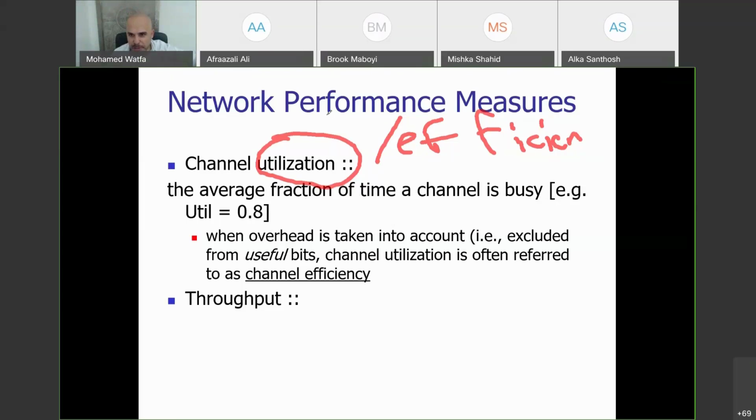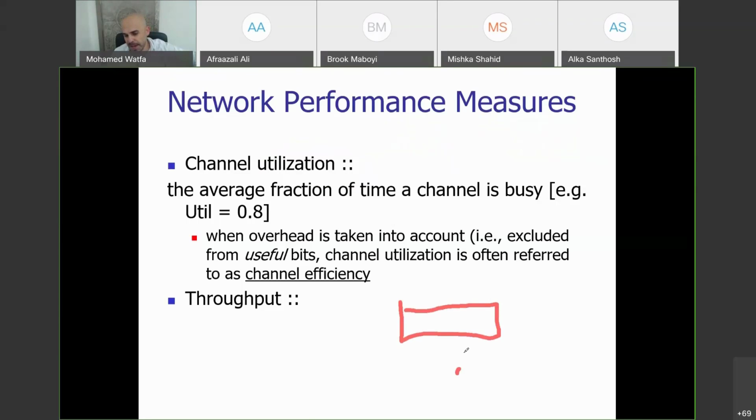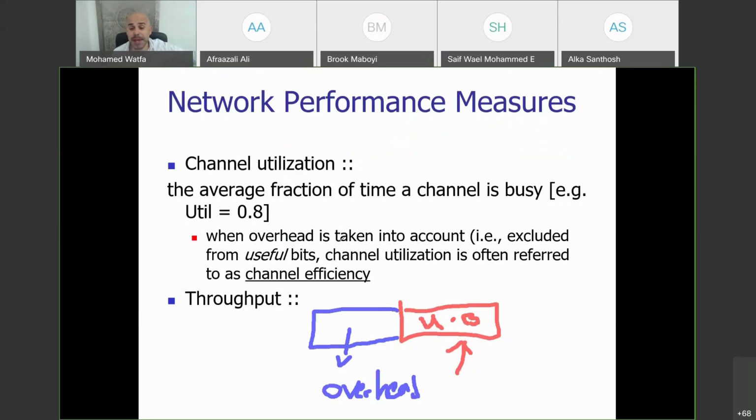So basically, you have to remember, I'm sending information. This is what I'm sending. Okay? This is what we refer to as the useful bits. These are the things I'm sending. Of course, we also have overhead. This is what we refer to as overhead: the extra information that we add. Why do we add it? For example, who is the sender? Who is the receiver?